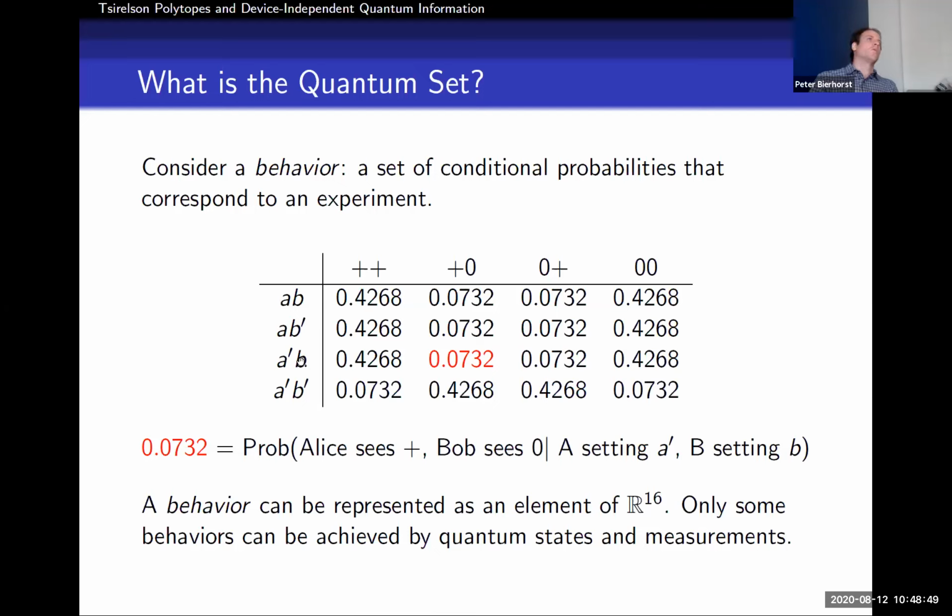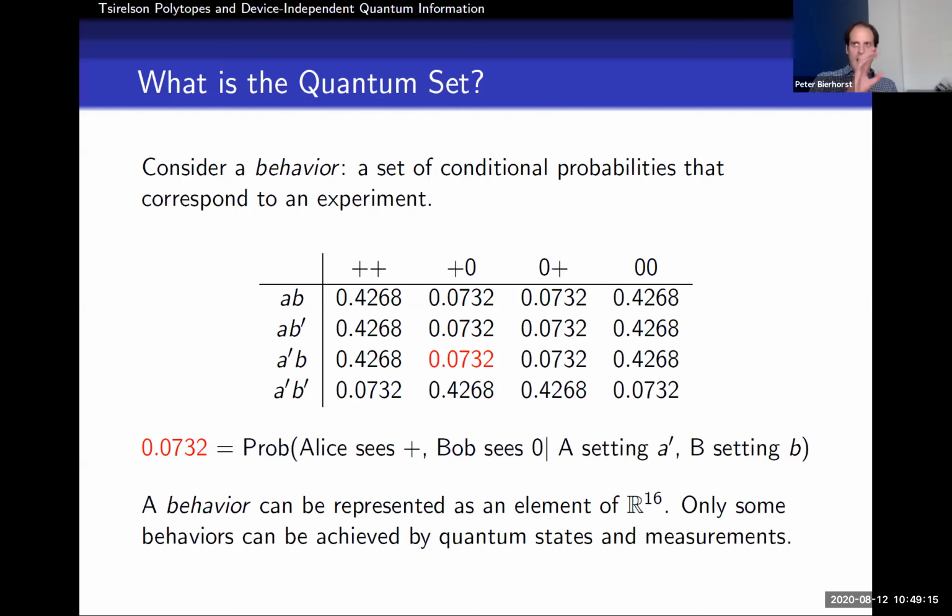Generally these might be polarization settings if they're measuring photons. Alice could pass her photon through a polarization filter before it hits a detector, and there are two different ways she could rotate that filter. That corresponds to A and A prime.